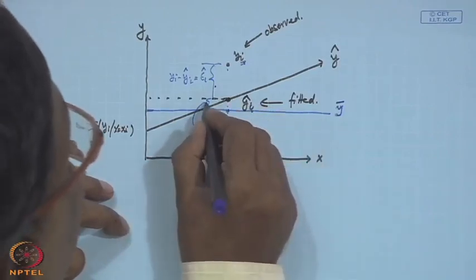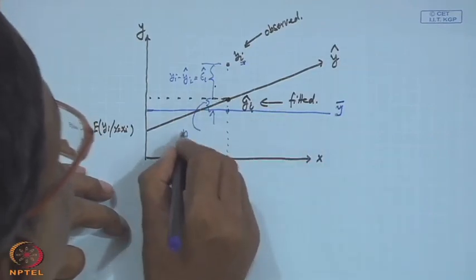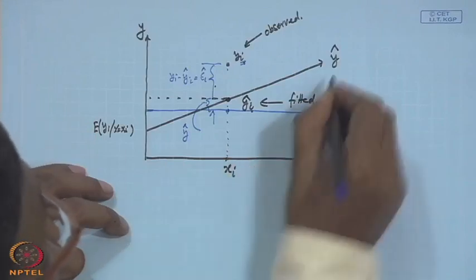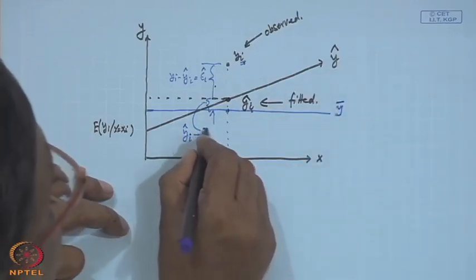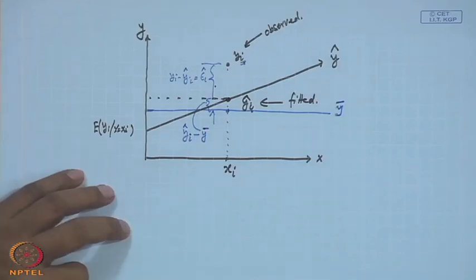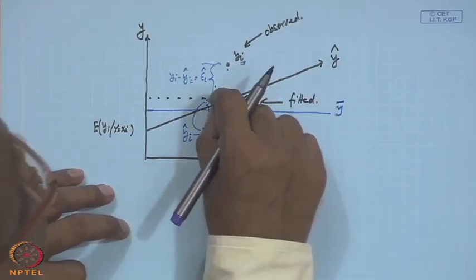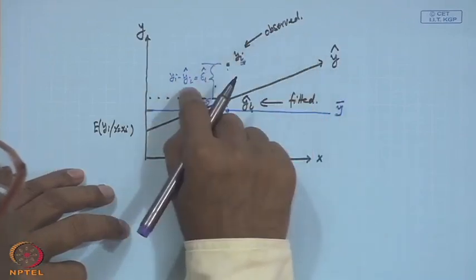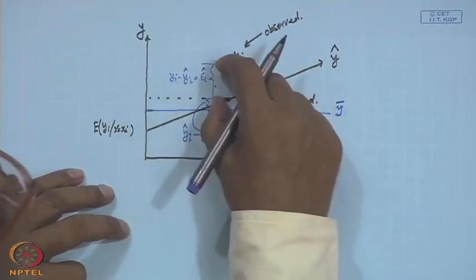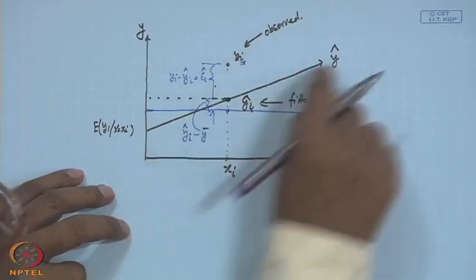So, this amount, what is this? yi cap minus yi bar is what is explained by the regression line. Then yi minus yi cap, which is the error, cannot be explained by the regression line.